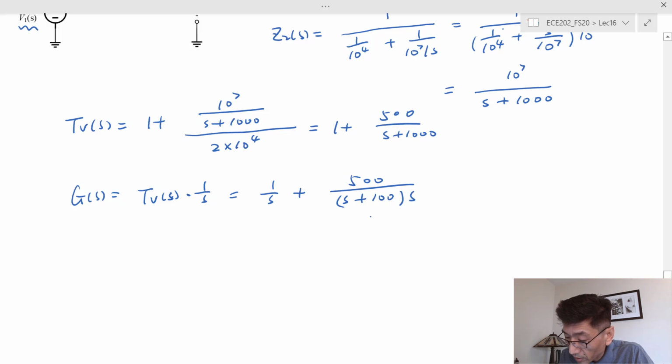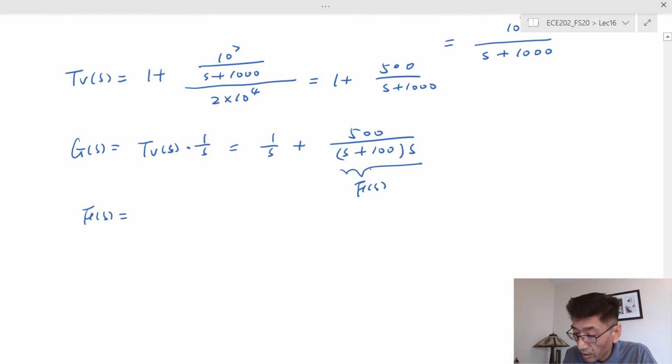Let's just call it F(s). Based on the way we find the residues using the cover-up method, by the way, the cover-up method was first invented by Heaviside. He was credited for this. He was a self-taught physicist.